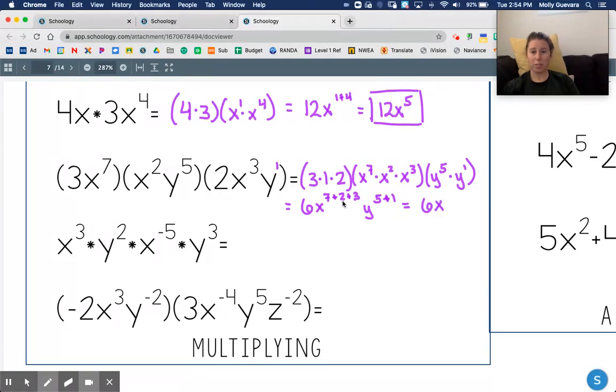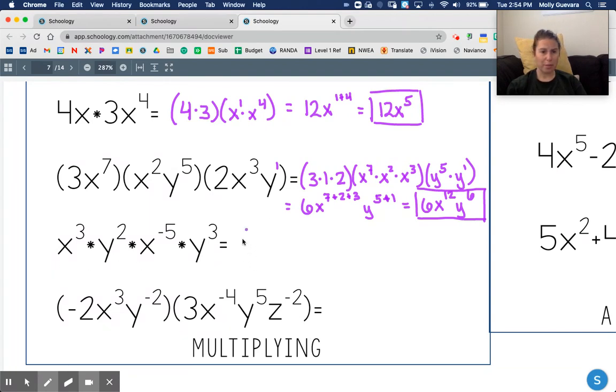X, 7 plus 2 is 9, plus 3 is 12, so x to the 12th, y to the 6th. Now I am writing out every single step. You can just skip ahead, right? You can go from here to here or whatever works for you, okay? You don't have to write out every single one of these steps, but for the sake of notes, I think it's helpful.